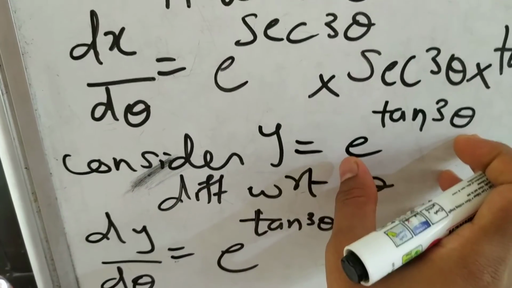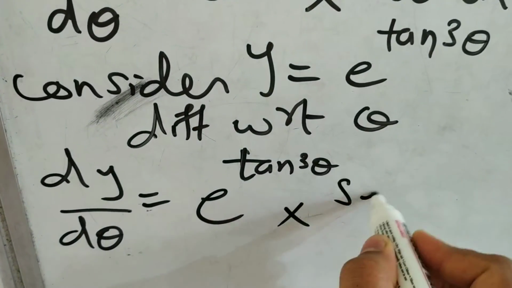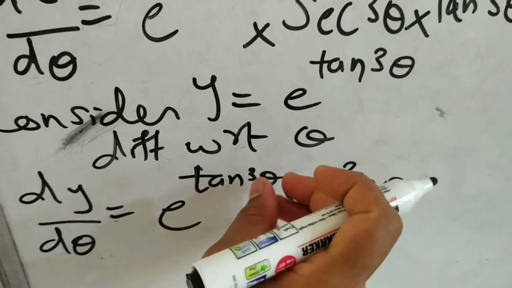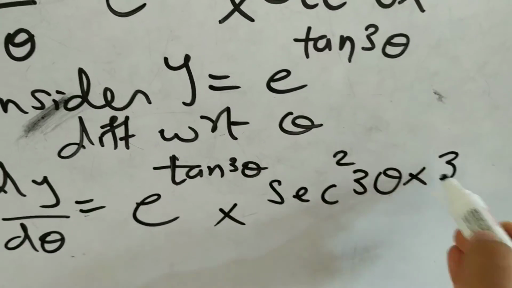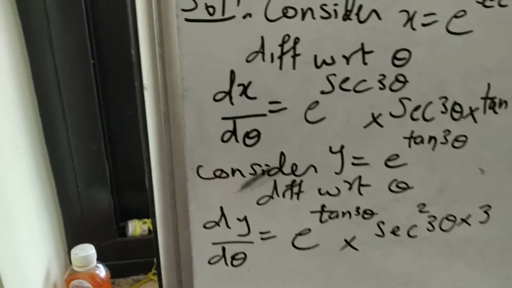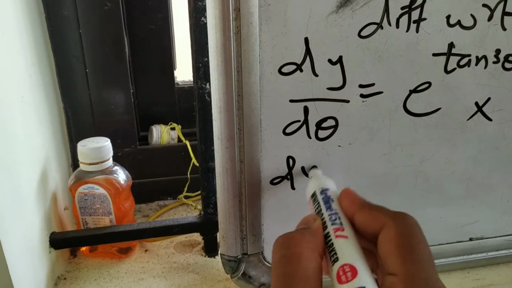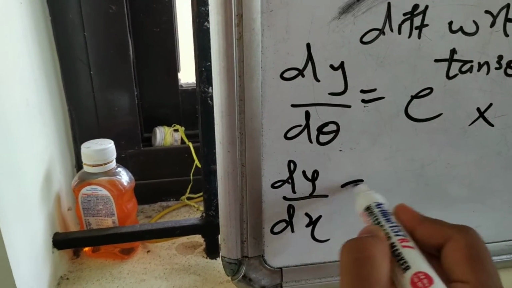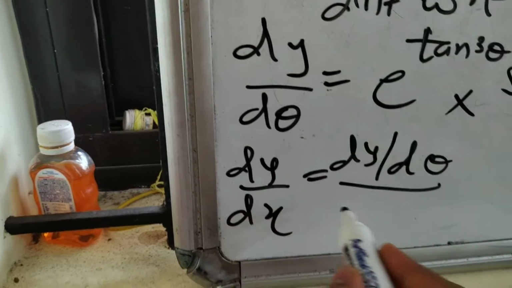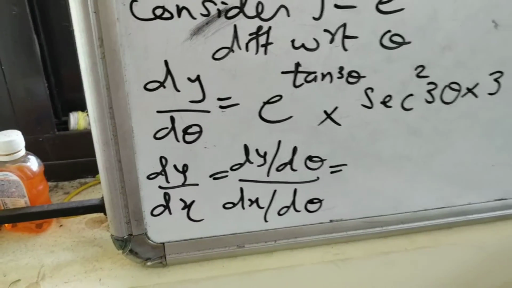Again this is a composite function, so derivative of tan 3 theta is sec square 3 theta into derivative of 3 theta, that is 3. And as you know how to find dy by dx from these two functions, dy by dx is dy upon d theta whole divided by dx upon d theta.